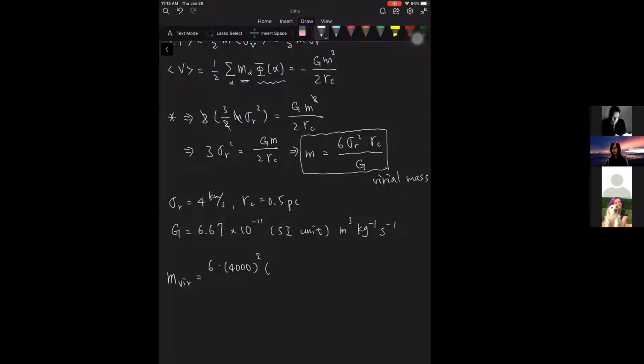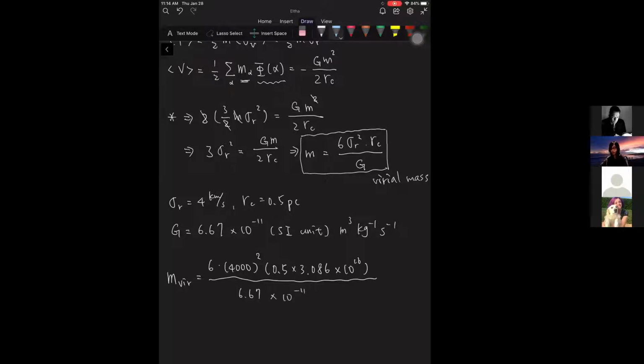And then we need the radius, which is 0.5 parsec, but we have to convert parsec to meter, and that would need a conversion factor of 3.08 times 10 to the 16. And divide this by G in SI unit.